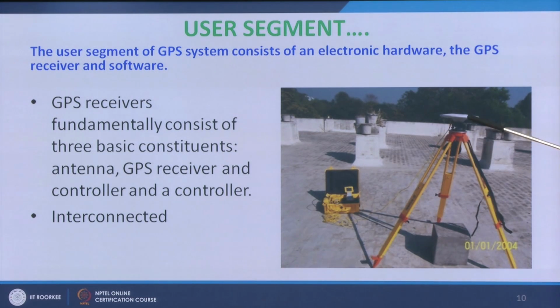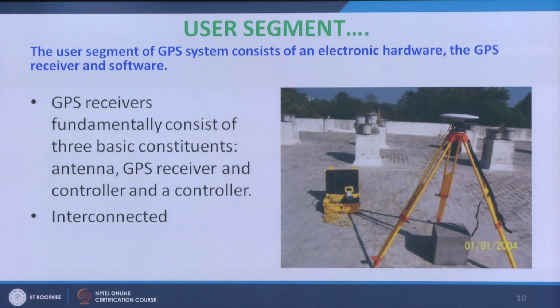This is the antenna which has been placed on a tripod stand, and this is the control point or station on which we want to take the GPS data. This is the controller, and this is the GPS receiver hardware.